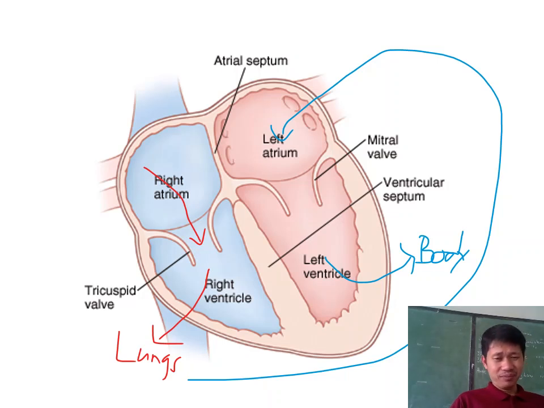And then, once it is oxygenated, the oxygenated blood will go to the left atrium, filling in the left ventricle. The blood will flow from the left atrium to the left ventricle, and then the left ventricle will contract and eject the blood towards the body, distributing it to all parts of our body.